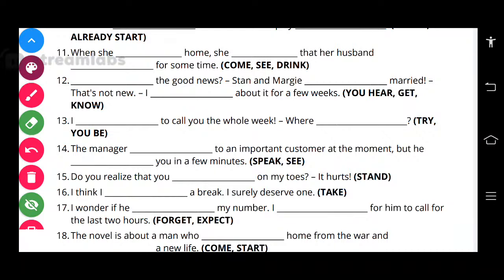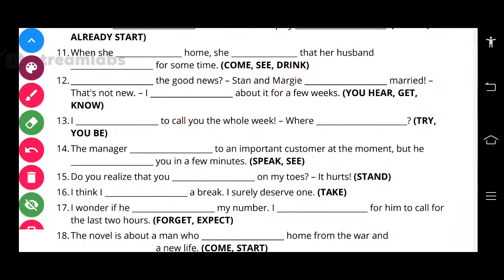It's not was drinking, it's had been drinking. Was drinking and had been drinking: what is the difference between these two?